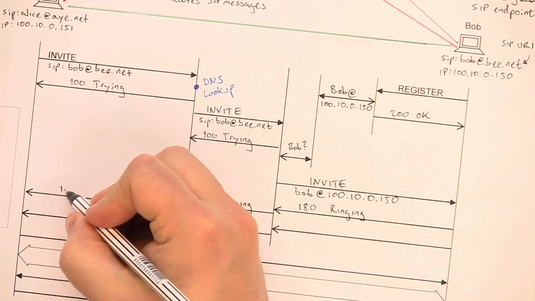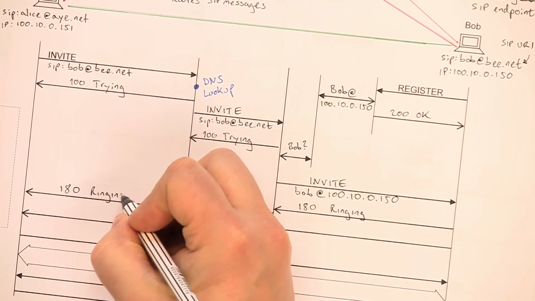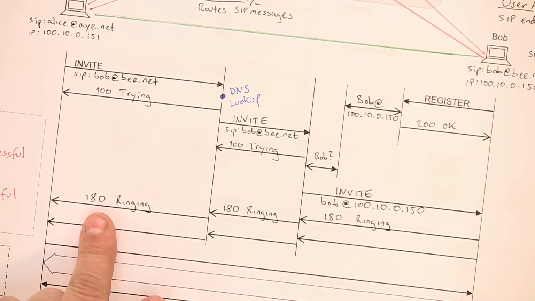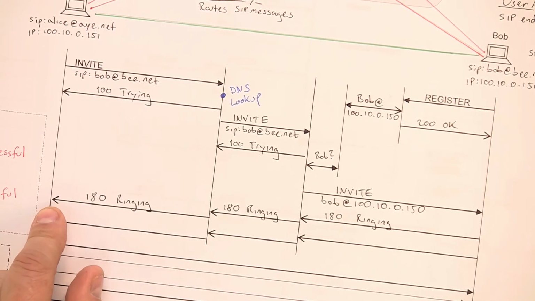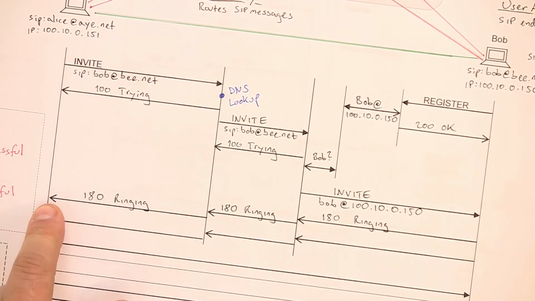When this 180 hits Alice's phone, that's when her handset starts going doot doot, or whatever ringback is configured in that phone.